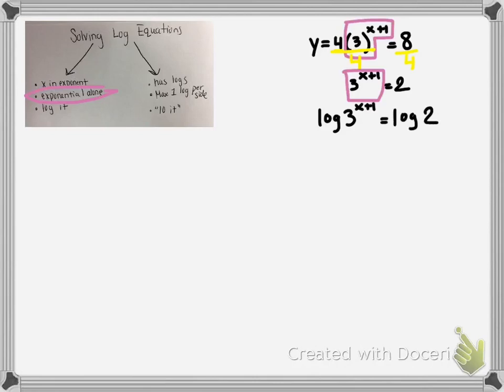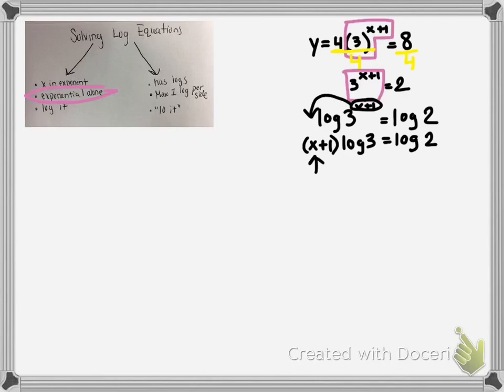I'm going to rewrite it as log on each side. I'm going to show that dropping down. That's the whole reason that we log it, is because it has the property that allows us to drop the log to the front. And now the x that we are trying to solve for is actually living on the mathematical ground here. And so now we can solve in the same way that we've solved before.